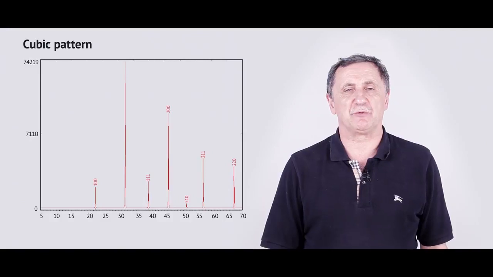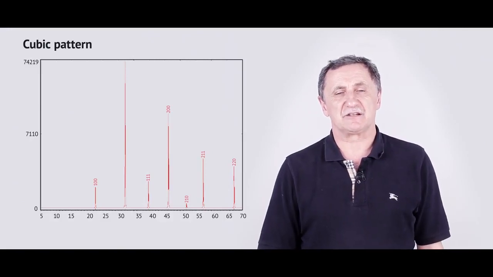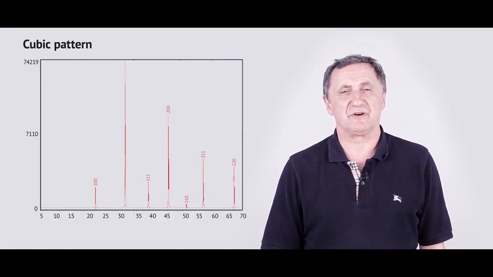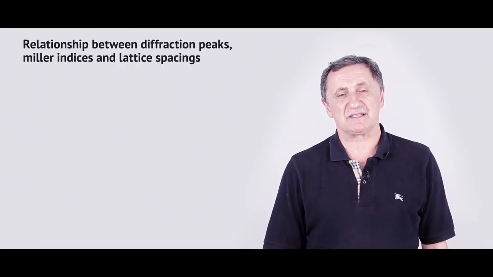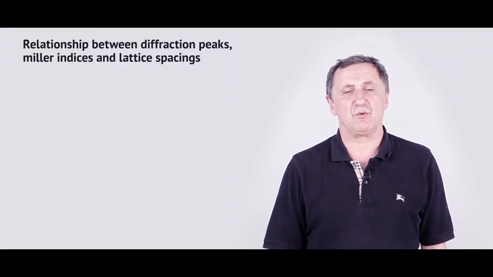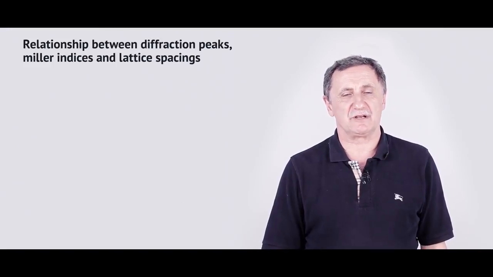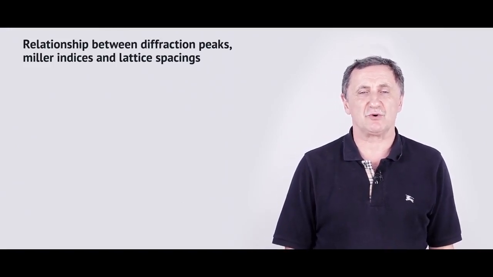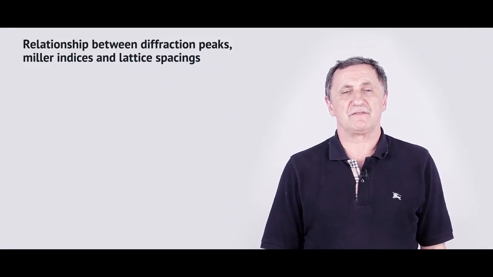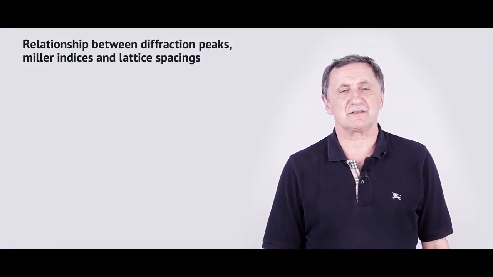For example, this is the XRD pattern for the primitive cubic cell, where you may say that the first peak corresponds to 100, the second peak corresponds to 110, the third peak corresponds to 111, and so on. That's the so-called indexing of patterns.